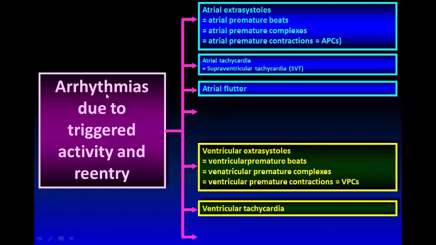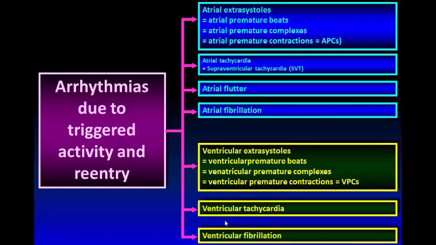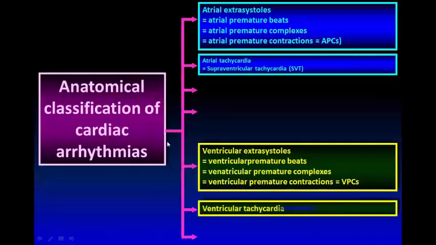We also have atrial fibrillation and ventricular fibrillation. This important category of cardiac arrhythmias can thus be further subclassified into supraventricular arrhythmias or atrial arrhythmias and ventricular arrhythmias based on the origin of the arrhythmia.